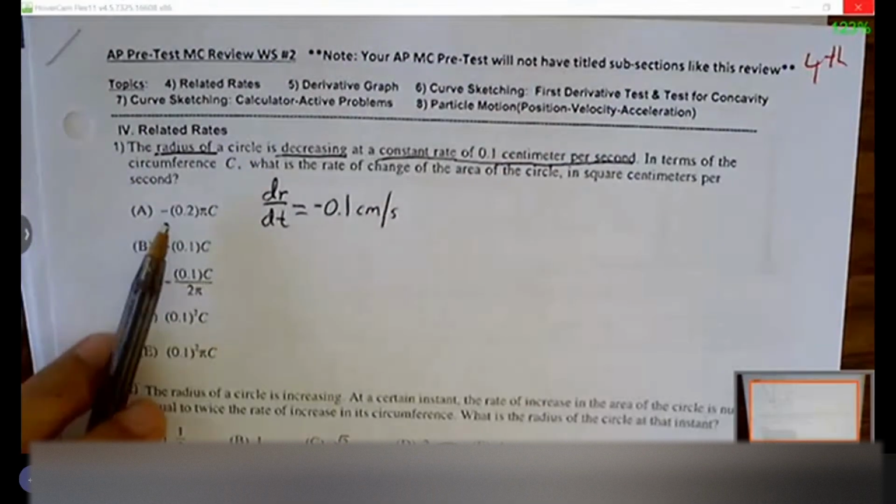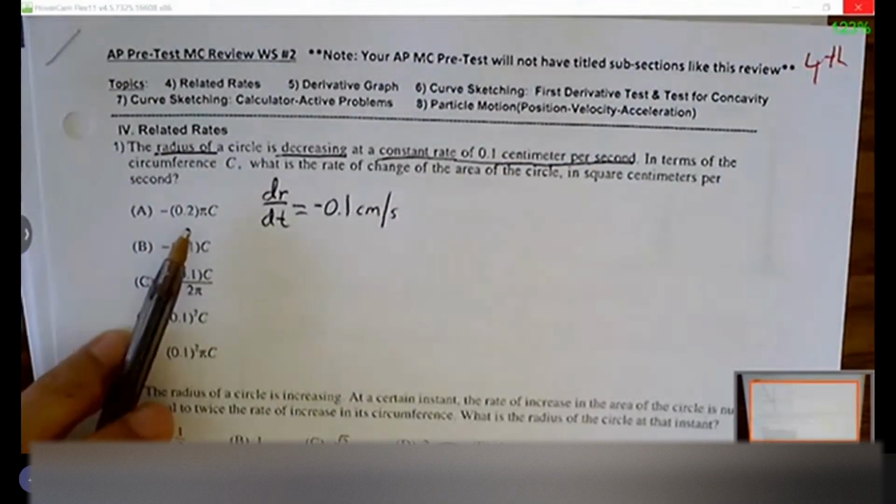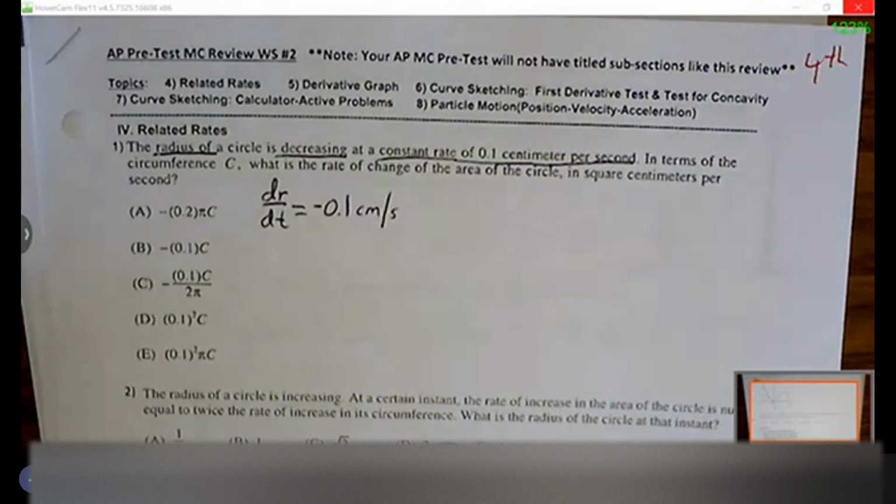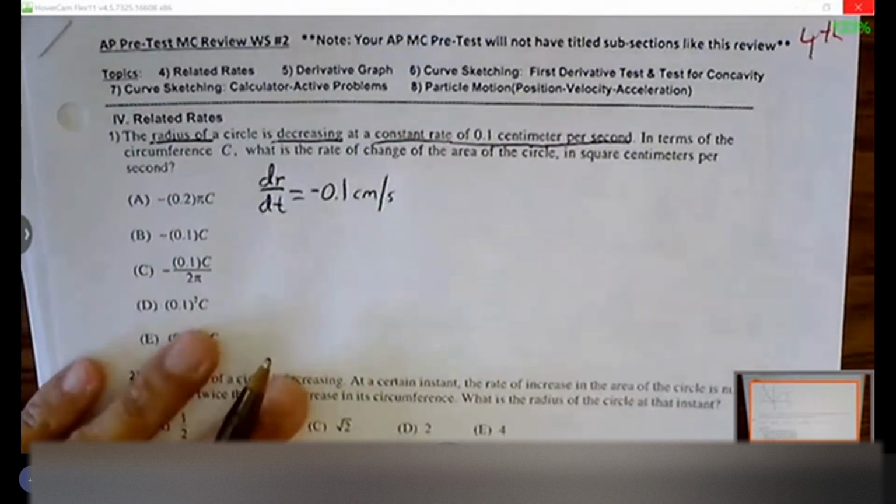In terms of the circumference, what is the rate of change of the area of a circle? So we know we have to involve the area of a circle and the circumference of a circle. I'm just going to go ahead and write those formulas down.